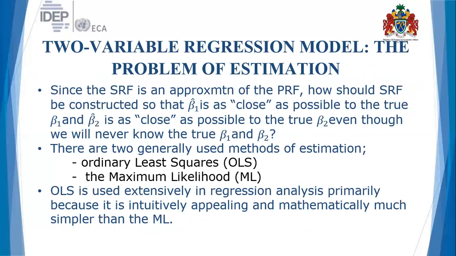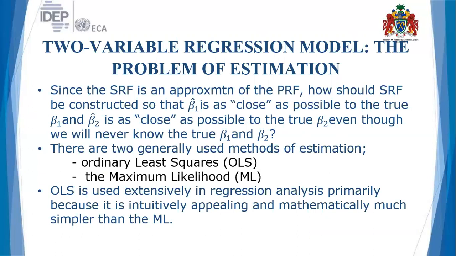Now, let us look at the two variable regression model, particularly the problem of estimation. Since the sample regression function is an approximation of the population regression function, how should the sample regression function be constructed so that beta hat 1 is as close as possible to the true beta 1?